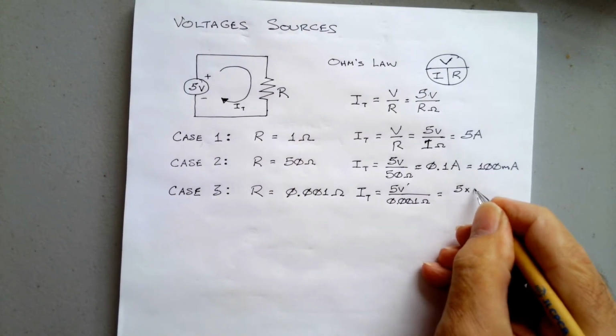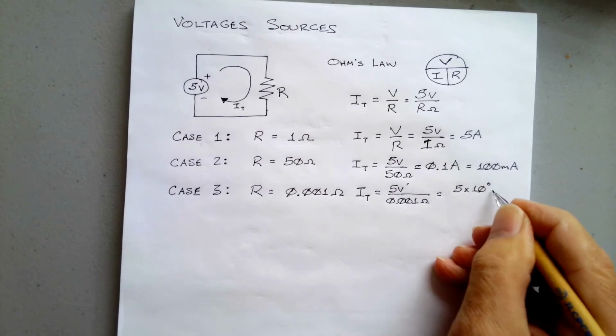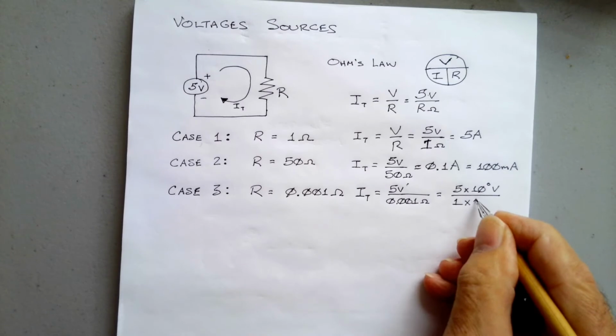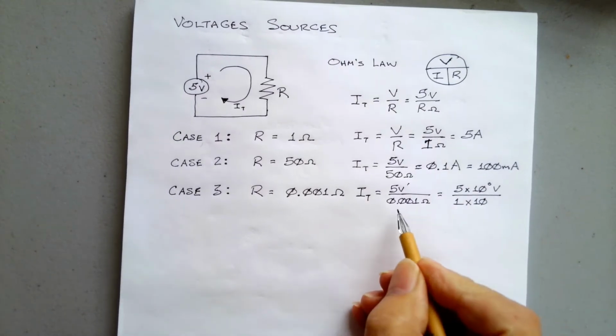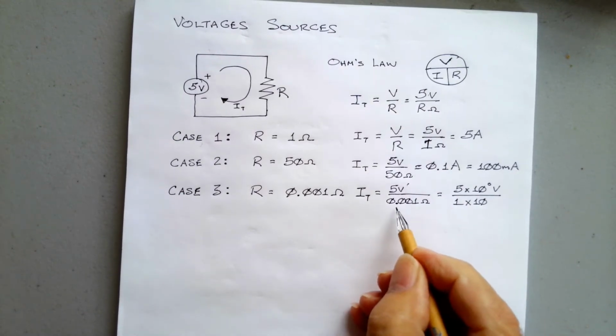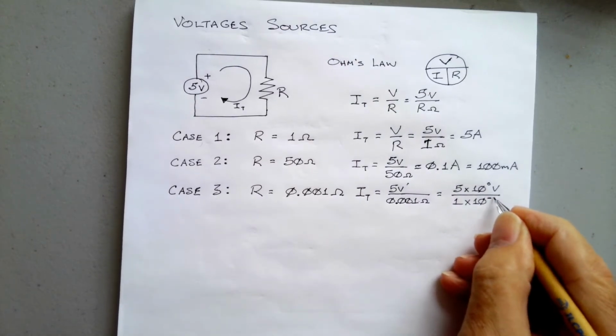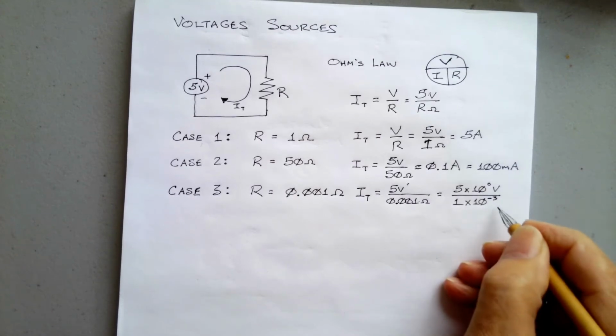We have 5 times 10 to the 0 volts divided by 1 times 10 to the minus 3. I took the decimal point and I made this bigger by 1,000. 1, 2, 3. So I've got to make this number smaller by 1,000.